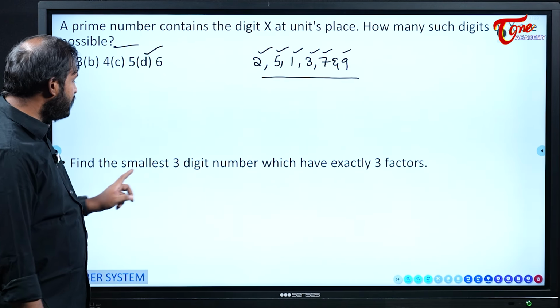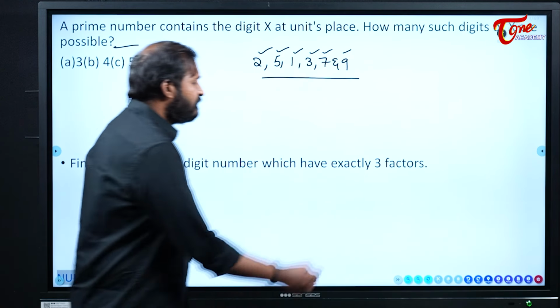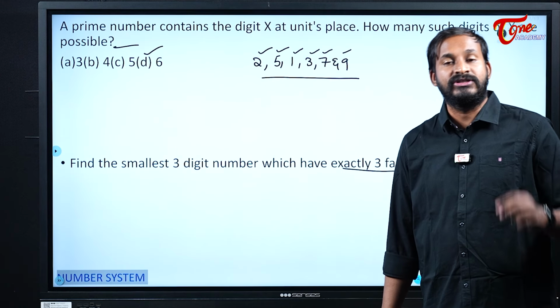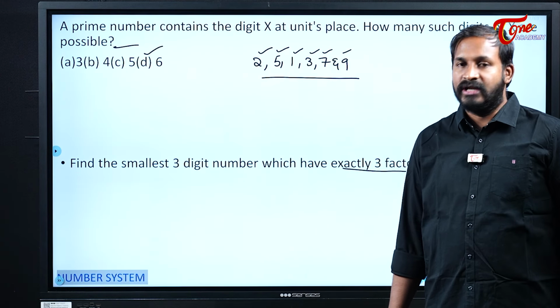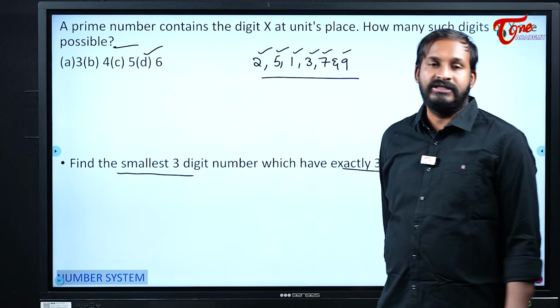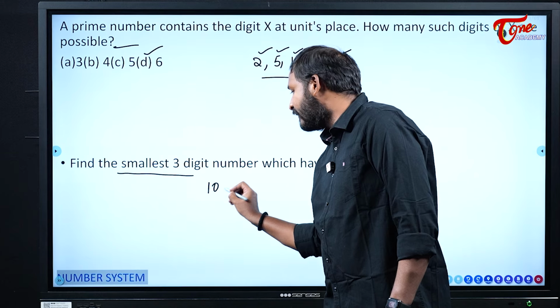Next one. Find the smallest 3-digit number which has exactly 3 factors. See, first of all, just now we discussed which type of numbers will have exactly 3 factors. Squares of the prime numbers will have exactly 3 factors. But what they asked us is the smallest 3-digit number. Usually, what is the smallest 3-digit number? It is 100.